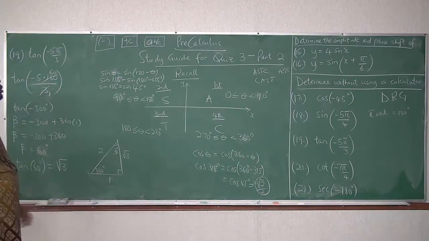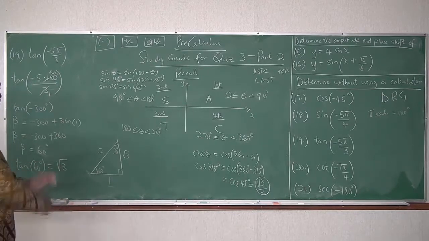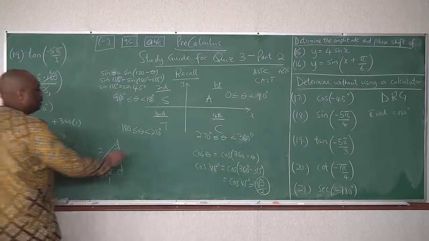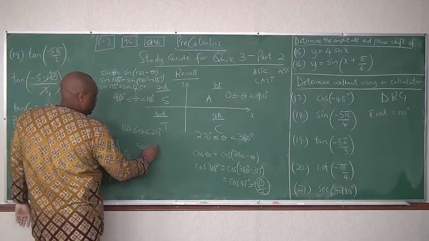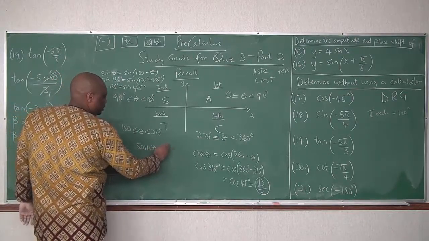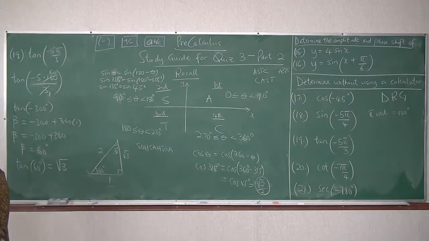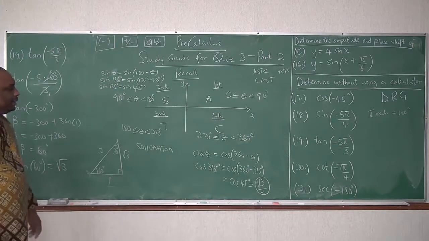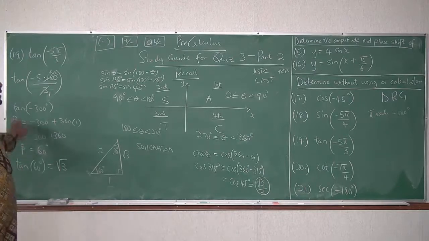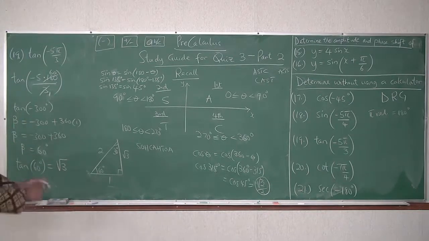Equilateral triangle 2, 2, 2. So tan 60 is, SOHCAHTOA, opposite over adjacent, root 3. Yeah, tan 60 is root 3. So the answer is root 3.